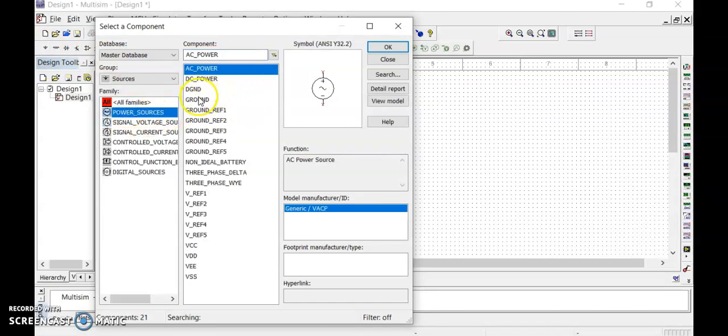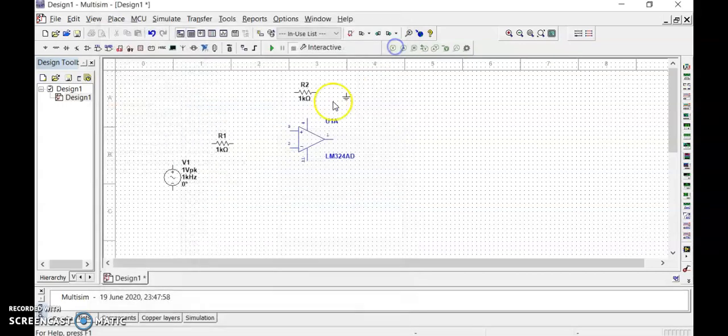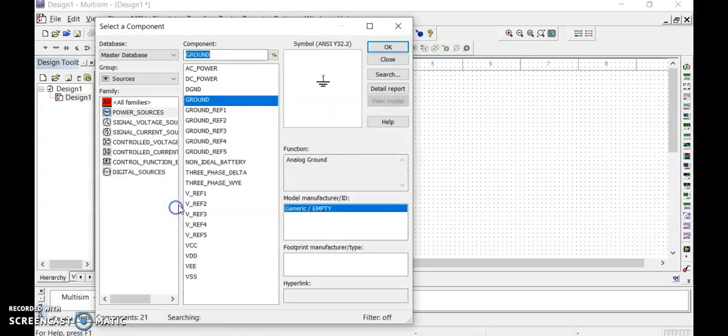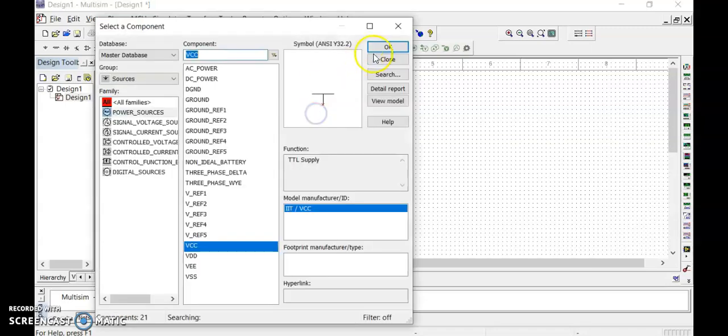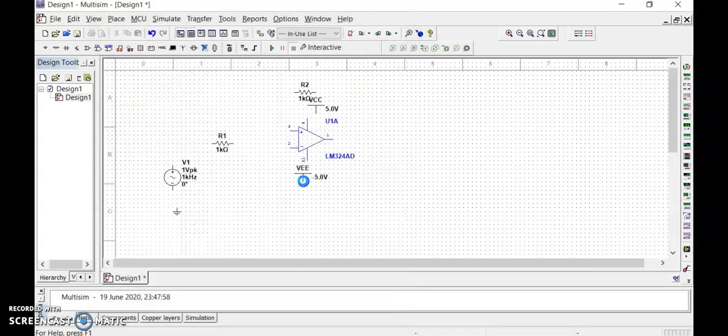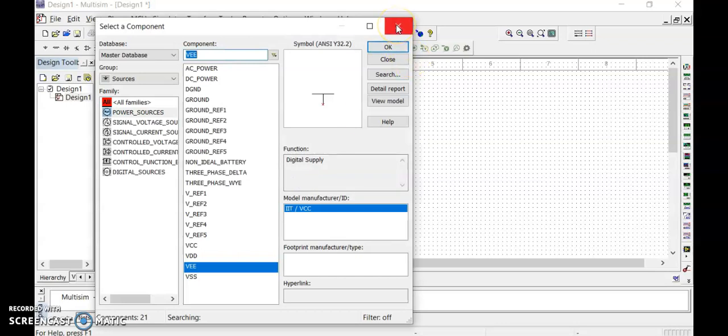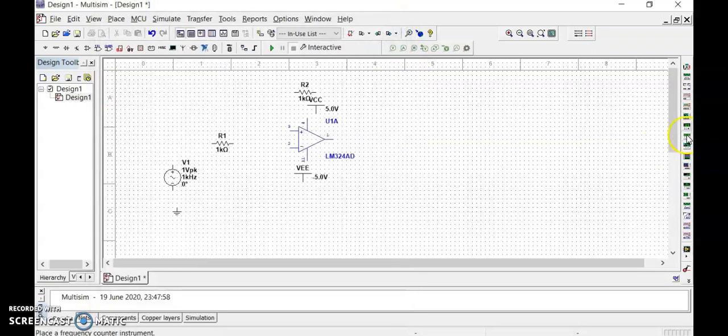In power sources, we may find the ground. Next one is VCC, should connect here, and next one is VEE, should connect here, and next one is CRO.